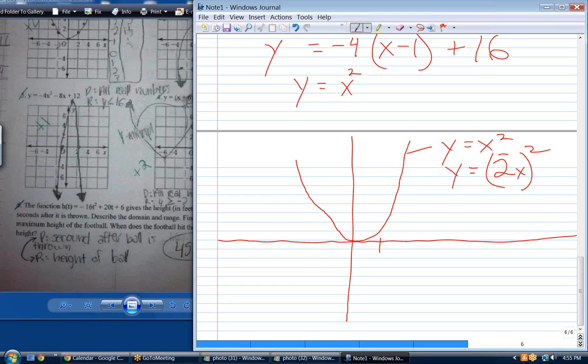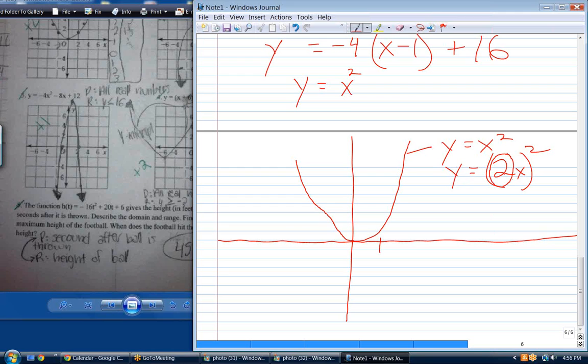So the effects of this too would be a horizontal shrink, and it's the opposite of the vertical. By that I mean when the vertical number is greater than 1, it acts as a stretch. When it's between 0 and 1, it acts as a shrink. Well, horizontally, it's the reverse of that.